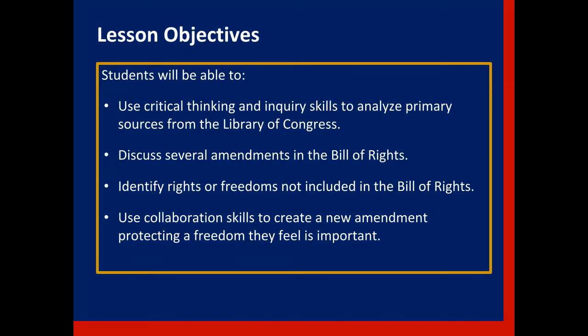And then the next couple of bullet points represent the knowledge that the students are going to gain from this lesson when they discuss the several amendments in the Bill of Rights or identify rights or freedoms that might not be included in the Bill of Rights. And then also, of course, we look at the skills of collaboration, but that also indicates dispositions, the collaborative and working together disposition that we want students to take with them into their classes and with their civic learning that they come out of.